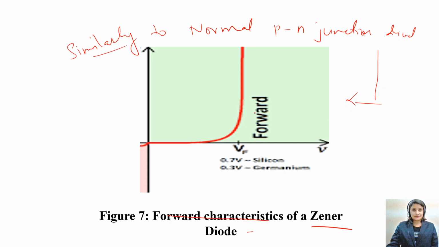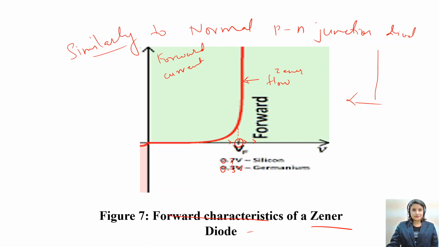So how to read this graph is, the Zener will allow the current in forward direction when the battery voltage is greater than the barrier potential, that is 0.7 for silicon and 0.3 for germanium. Then only the Zener will allow the current to flow in a forward direction, isn't it?